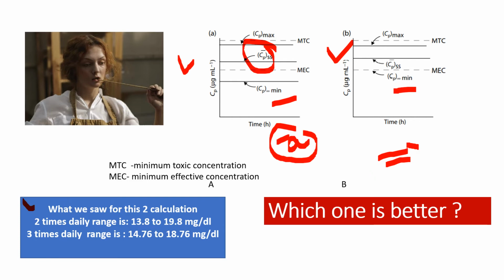This is what we have seen with 2 times daily, where it is above the toxic concentration. Whereas if you give the same drug in a TDS manner so that the total dose remains the same, it remains within the steady state plasma concentration max as well as the min.